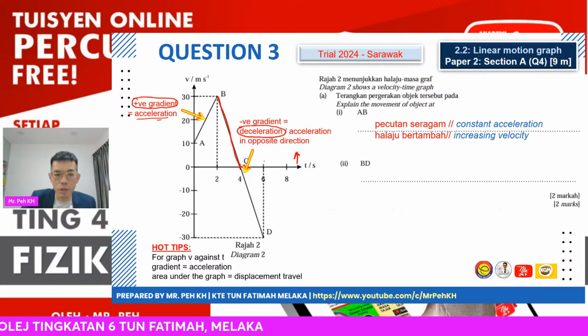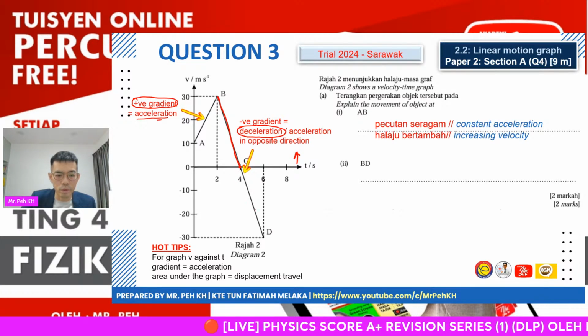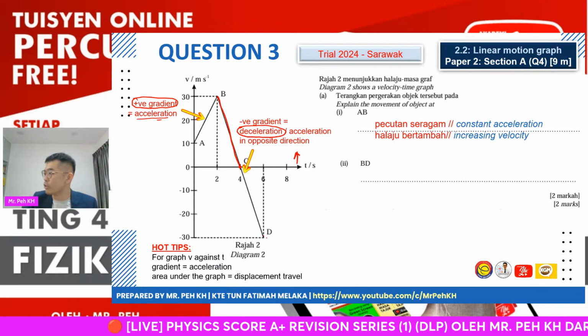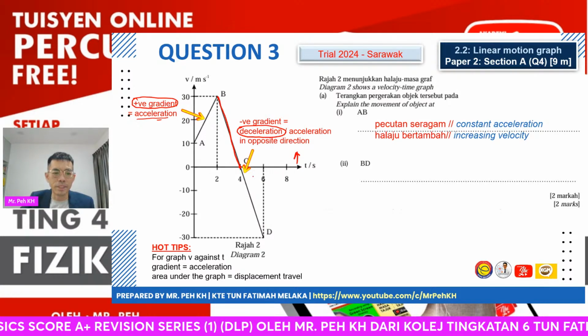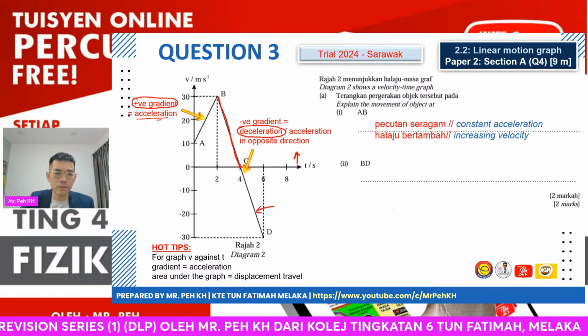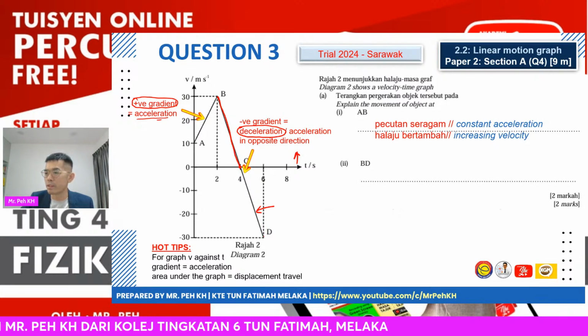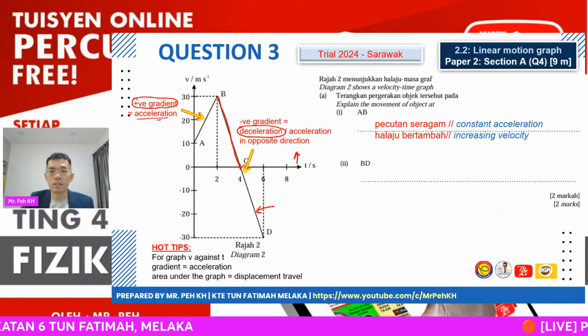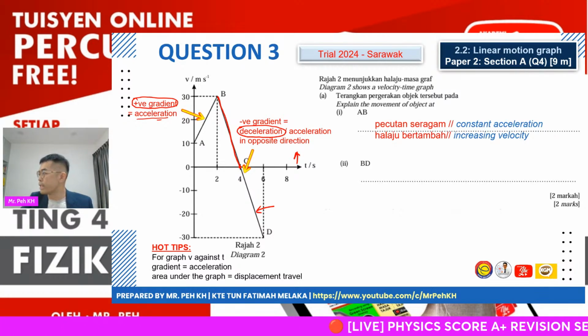After that, you can see the velocity magnitude is increasing from 0 to 30, but in the opposite direction. So that means that from CD, the object is moving with increasing velocity, but in the opposite direction.